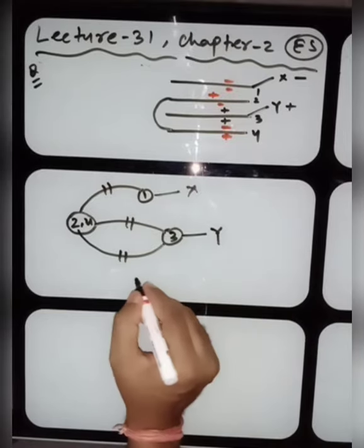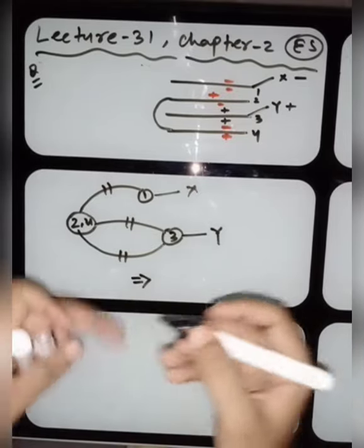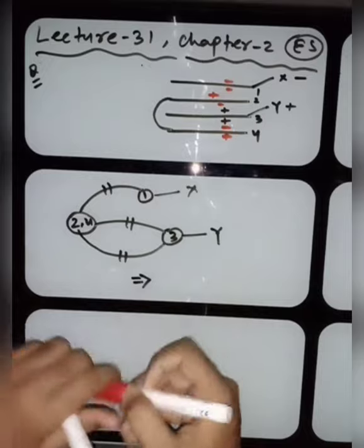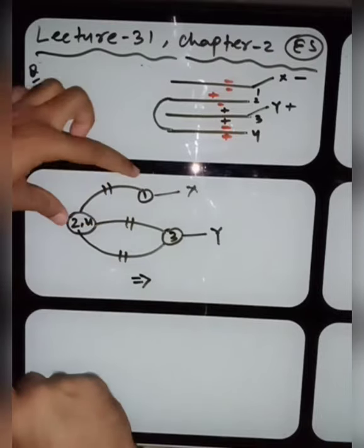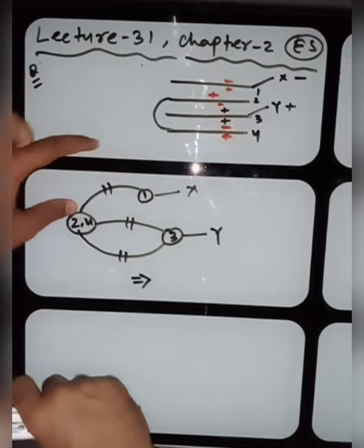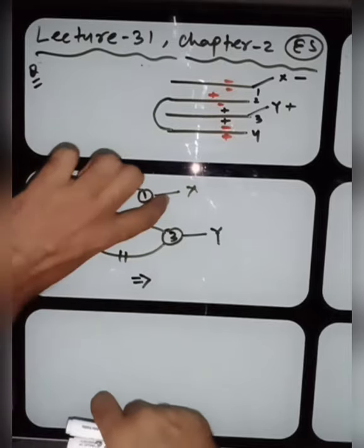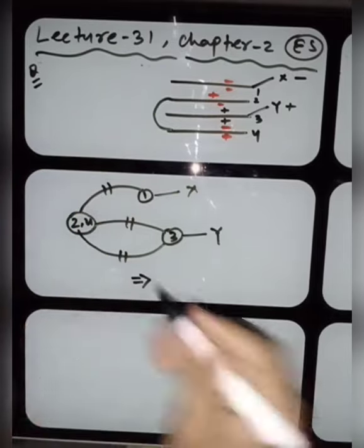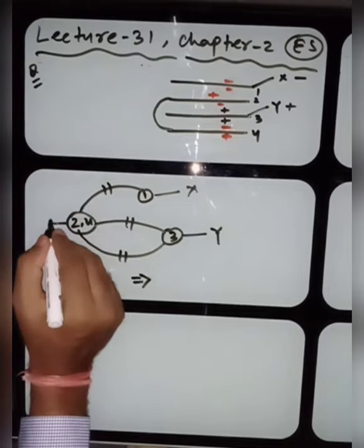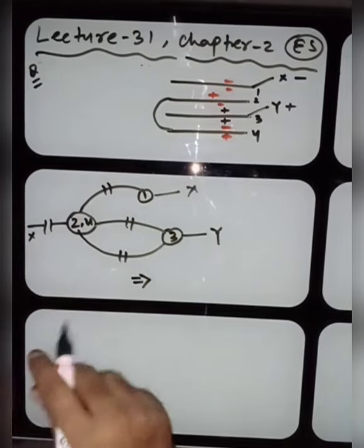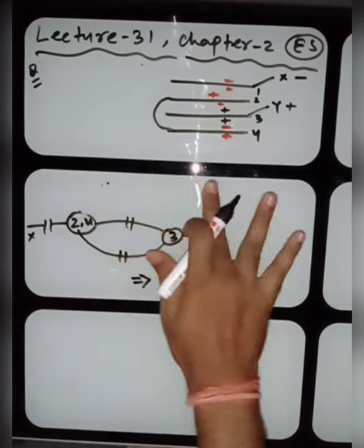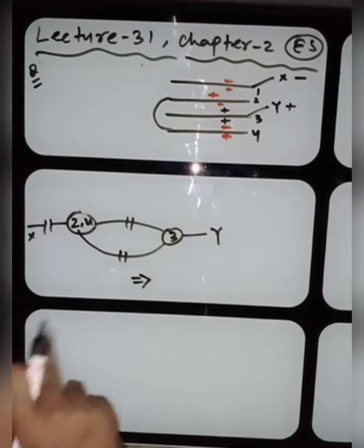Now if you arrange this circuit, you will find, remember this is flexible wire, so you can pull this one to this side in this way. If you pull this one this side, it looks like this one. This is X. Now I am erasing this one. Now you can see this is very easy.